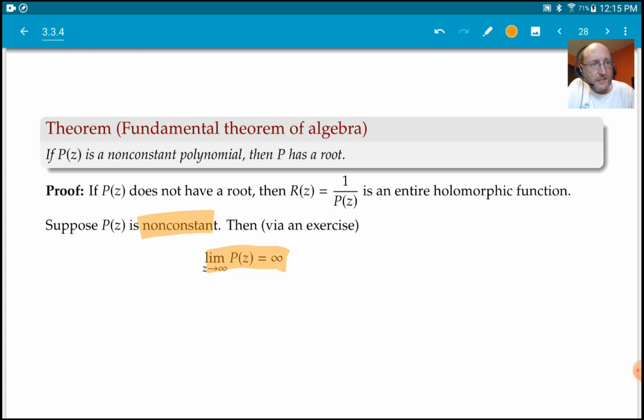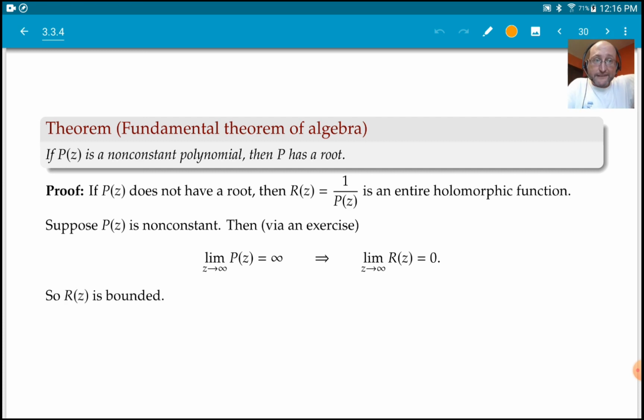So the polynomial goes to infinity. That means R has to go to 0, because it's 1 over P. If something goes to 0 at infinity, that means it's bounded. Maybe it does something near the origin, but then it just dies away, so it's clearly going to attain some maximum.